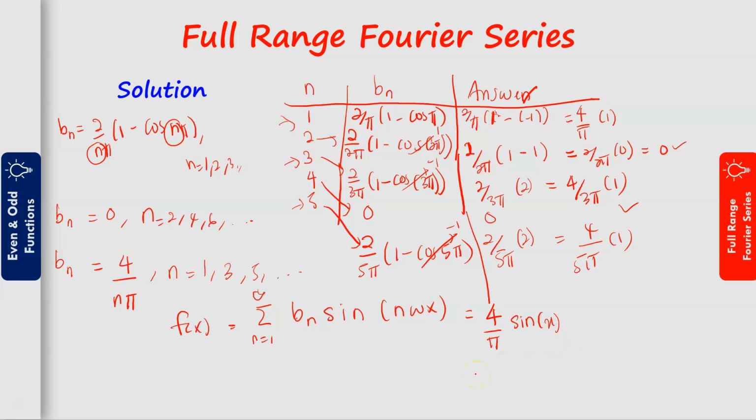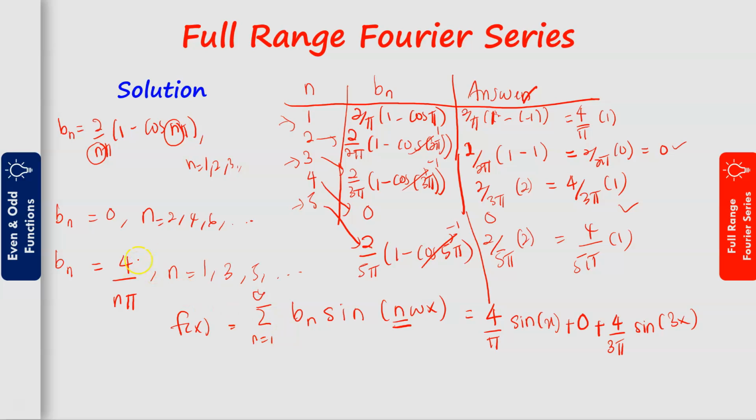And then plus, when n equals 2, bn is 0, so plus 0. Plus n equals 3, we will have 4 over 3 pi sine 3x, because here n is 3.